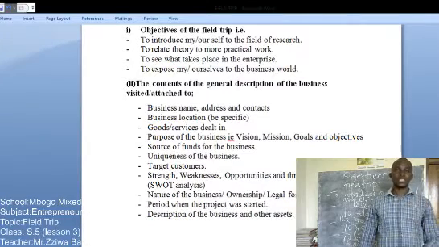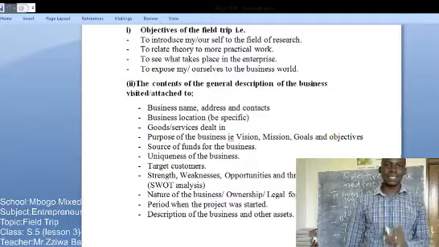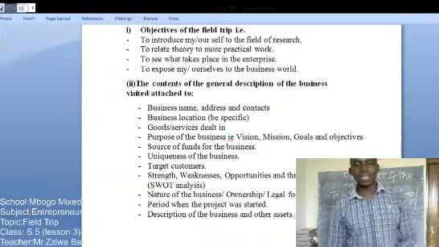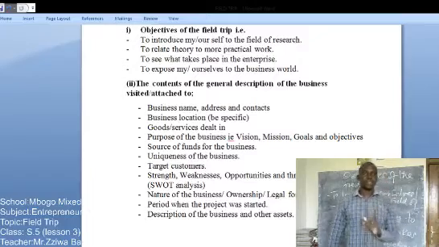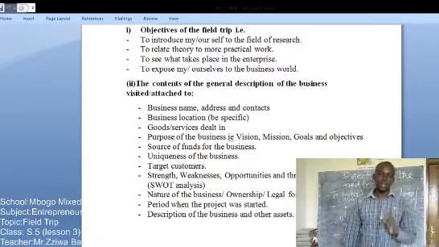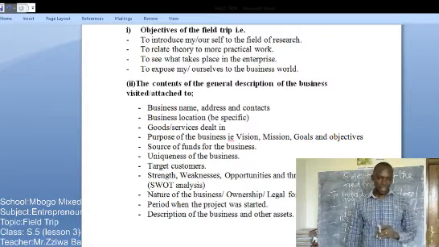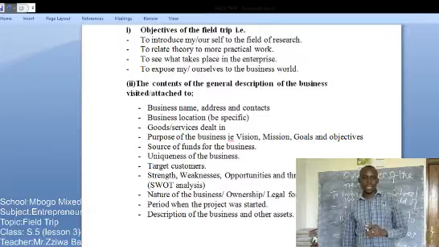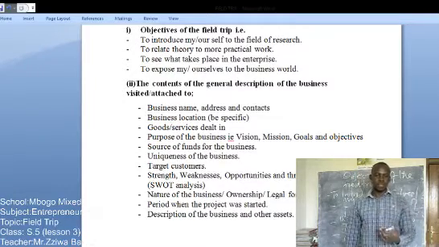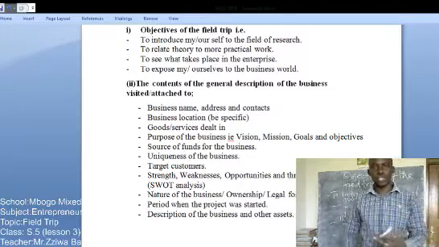Whenever we are talking about a field trip, learners, let us first master the objectives of the field trip. And these are the reasons as to why we conduct a field trip in any given setting or in any given enterprise that you'll be visiting. One, you want to introduce yourself to the field of research.